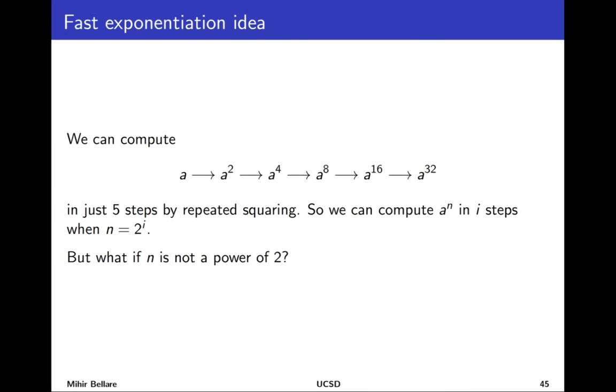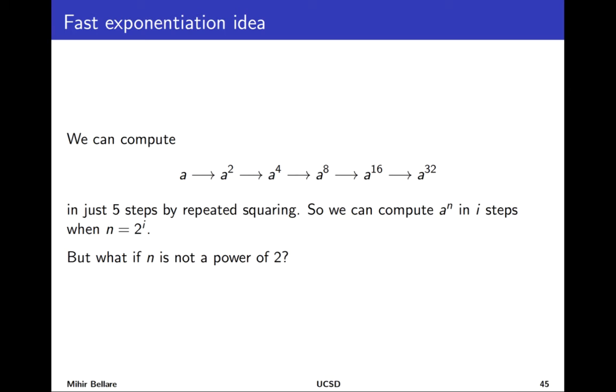Then I can do it again, and I square that and I get a to the power 8, again in one group operation. And then next time a to the power 16 and a to the power 32, and it only took 5 steps. Generalizing this, it's not hard to see that you can compute a to the power n in about log n steps. The caveat is that for the way we wrote it, this is only true if n is a power of 2.